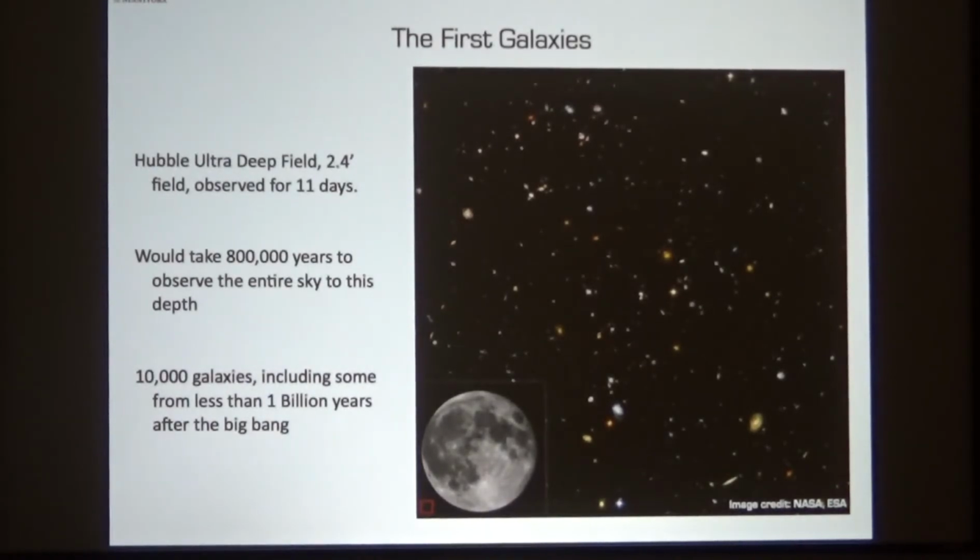Now, some of these galaxies are what we call very, very high redshift galaxies. They're very, very far away. And because they're very, very far away, and light moves at a finite speed, that means you're also looking back a long, long time into the universe's history. And in fact, some of these galaxies that we see in this image are from a time when the universe was less than 1 billion years old.